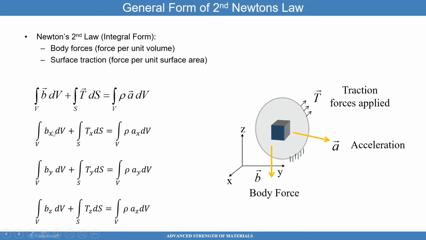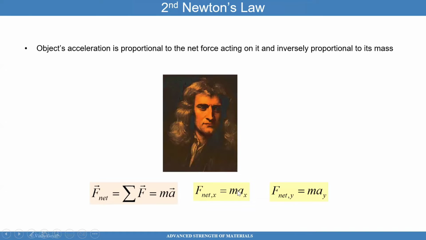I'll take bx, the body force acting on the small volume, and integrate it over the whole volume. Because if I do that, I'm summing the effects of the body force in each of these volumes, added all over the place. So I'll take every little cube all across the whole volume and do the summation. Exactly what you did back in the day, F equals ma in physics.